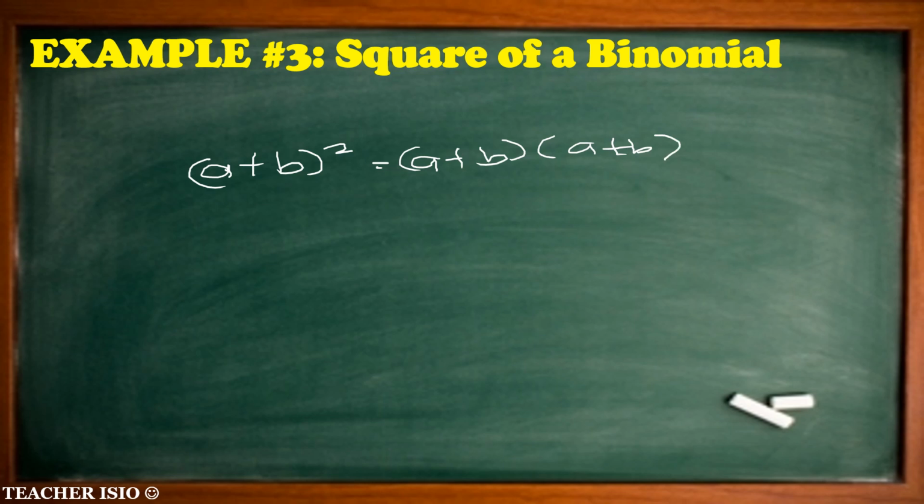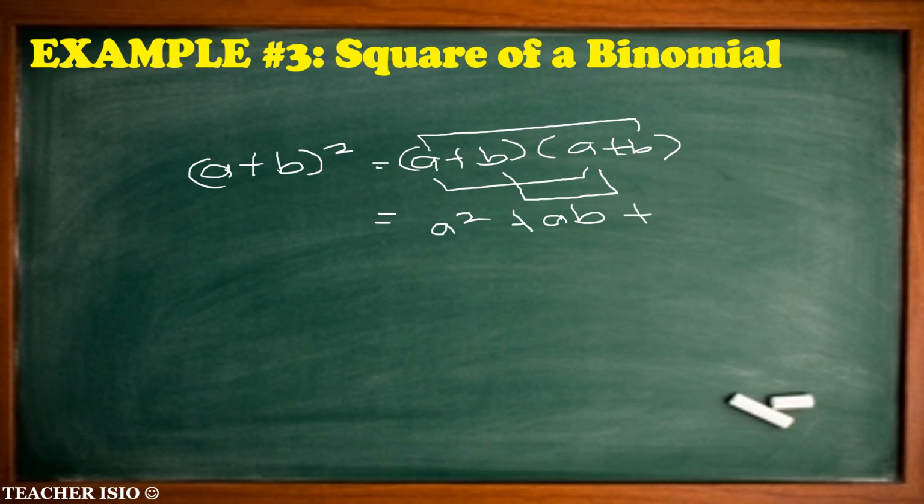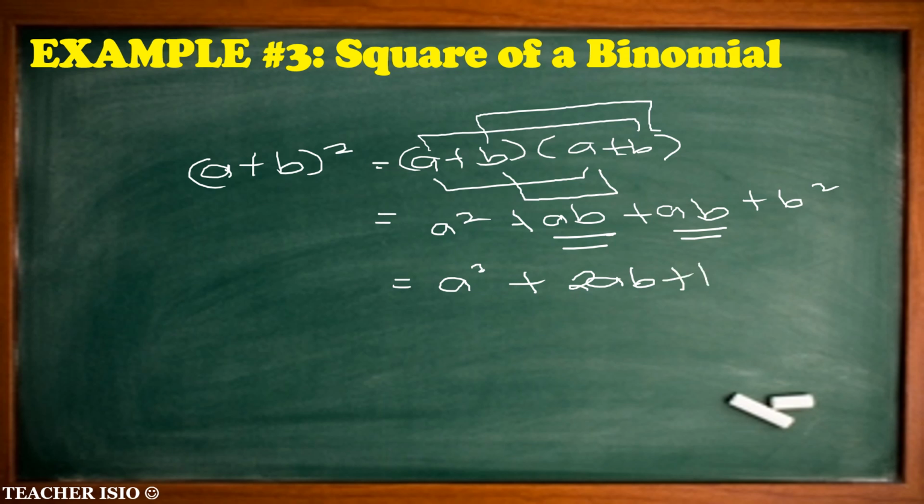So using FOIL method, we have a times a, we have a squared. Next, outside na tayo. A times b, we have ab. And then, we have b times a, we have still ab. And then b times b, we have b squared. Combine similar term, we have a squared plus ab plus ab, we have 2ab plus b squared.